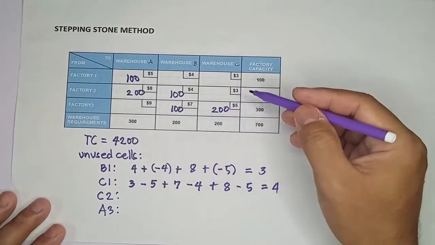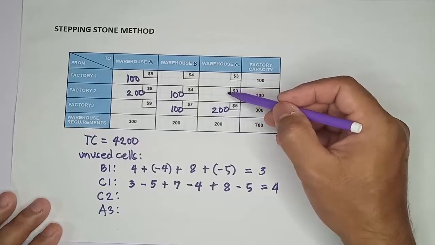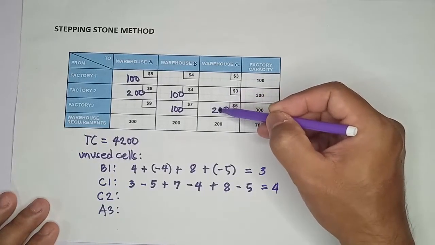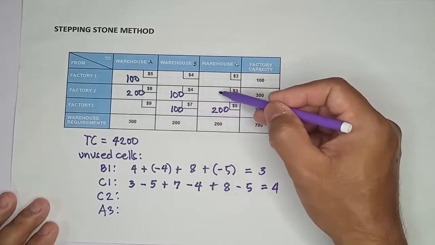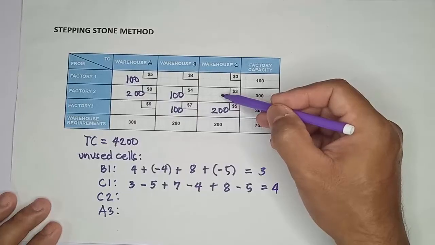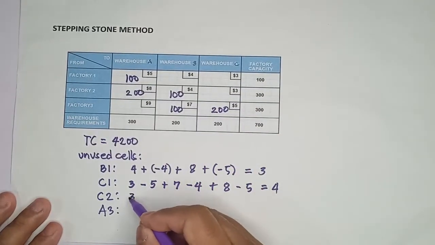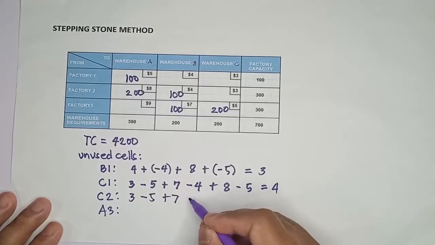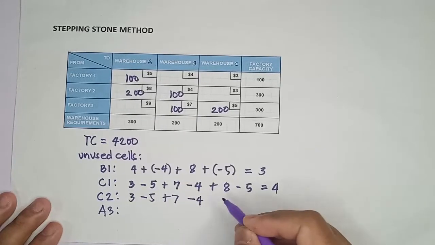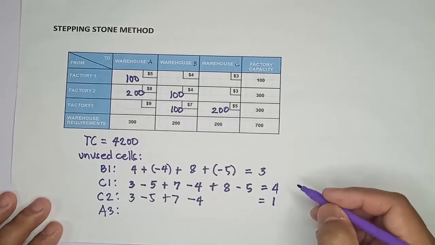The next empty cell is C2, and its loop is this cell going to this cell, going to this cell, and going back to the empty cell. So the sum of the transportation costs is 3 minus 5 plus 7 minus 4, which is equal to 1.